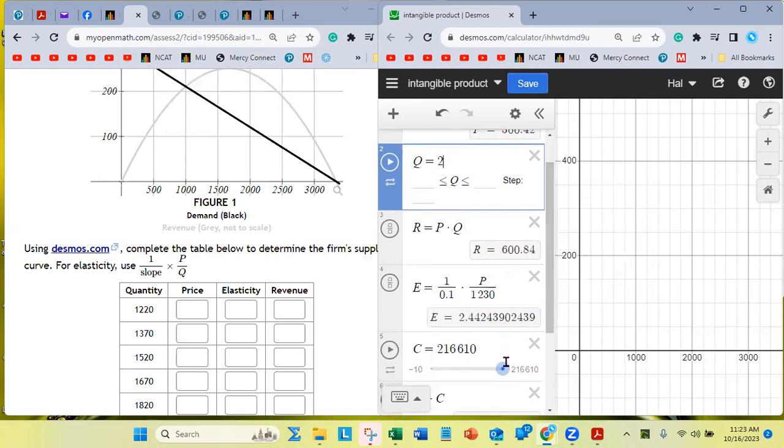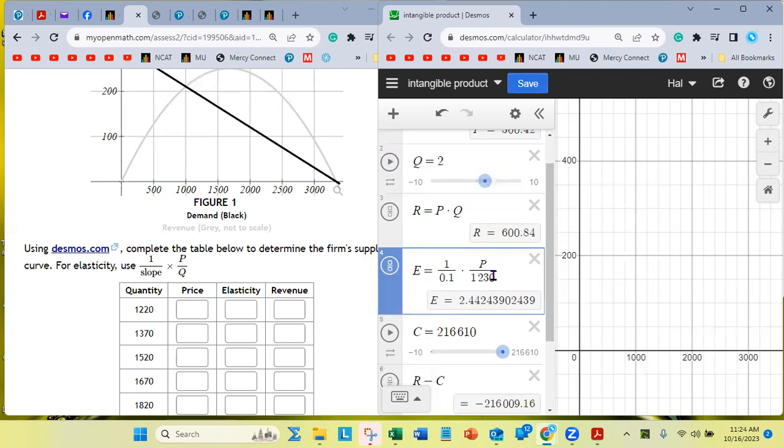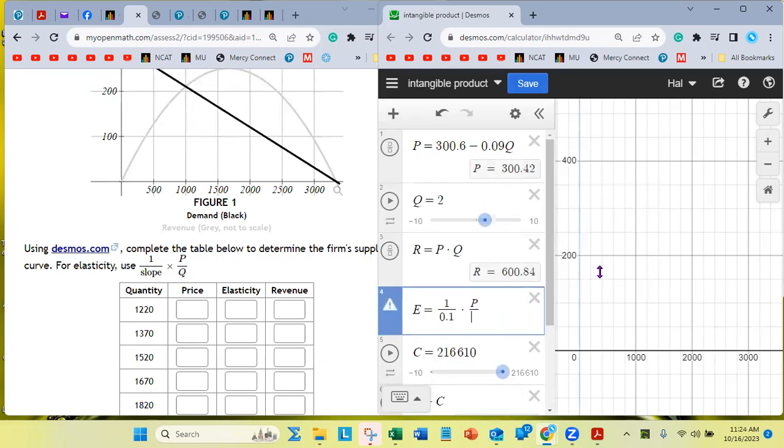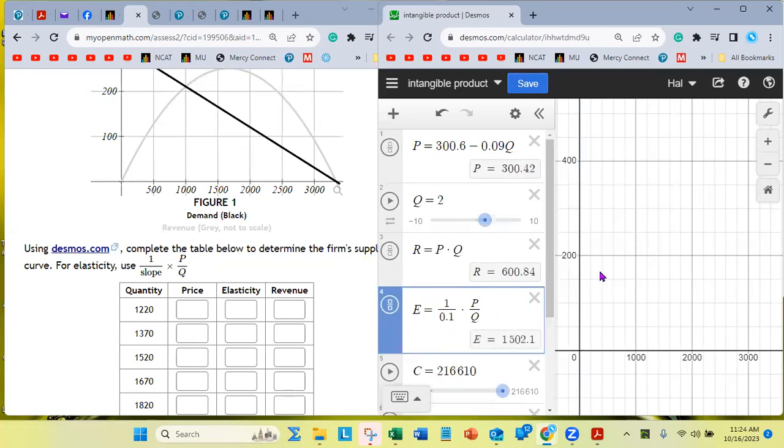Now this down here is a point elasticity equation. This is the price right here. This is the price on the demand curve, right? In this case, it's $300.42. Oh, and I got to change this to Q down here. Sorry. So this is price, and this is quantity, and these come from a point on the demand curve, right?